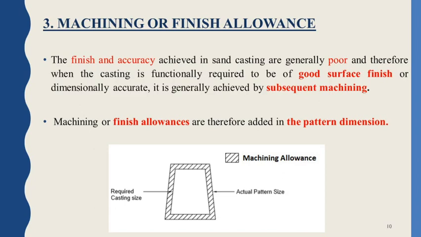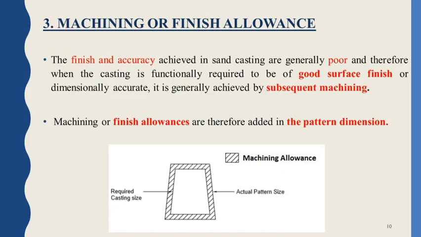So if we have a particular application where we want a very smooth surface, in that case we will make the casting a little bigger than the actual one, so that we will have a certain provision for doing machining over the casting, so that we will get a very neat surface. This can be done using different machine tools like lathe, milling machine, drilling machine, etc. So we will be providing a particular allowance for further machining, or secondary machining process, in the casting.